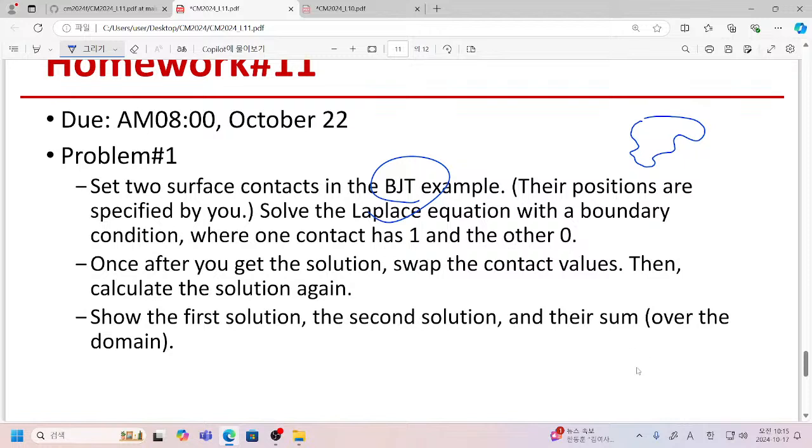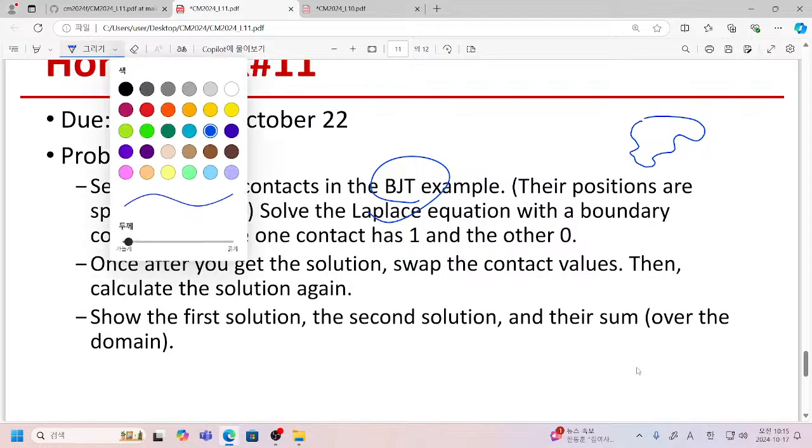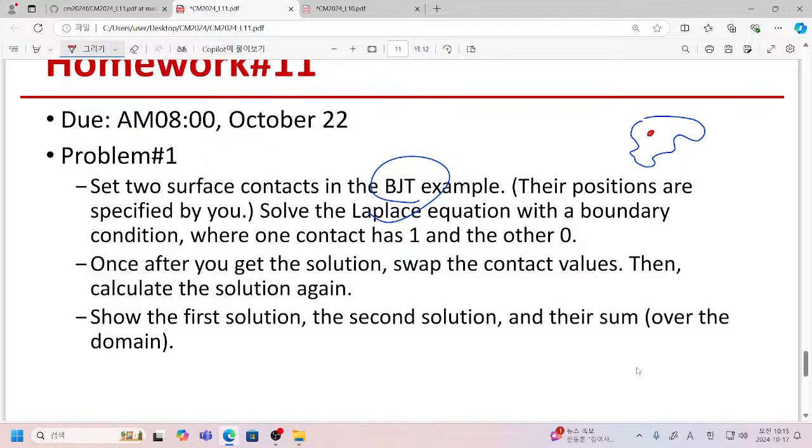Where should the contact points be? It's up to you. So please select any arbitrary 2 surface contacts. It means that please do not assign your contact in this bulk node. It's not allowed. But for example, yes, it can be your first contact and it can be your second contact, for example. It's up to you.